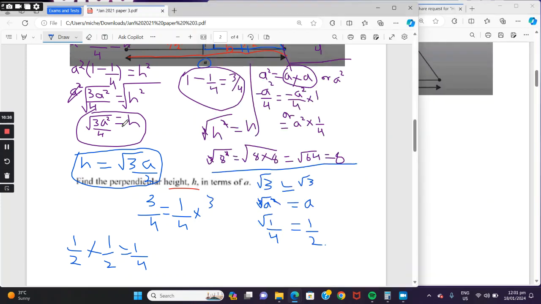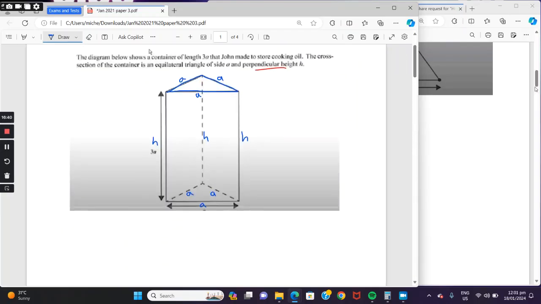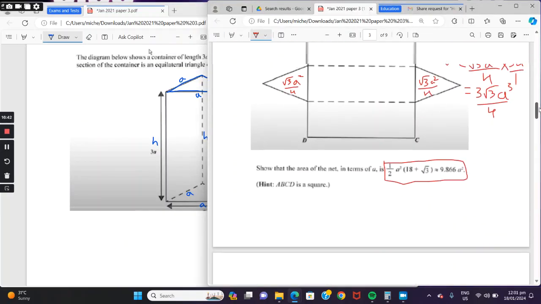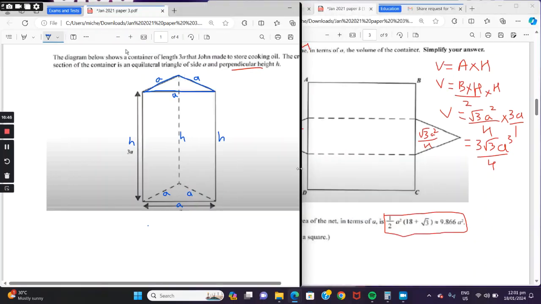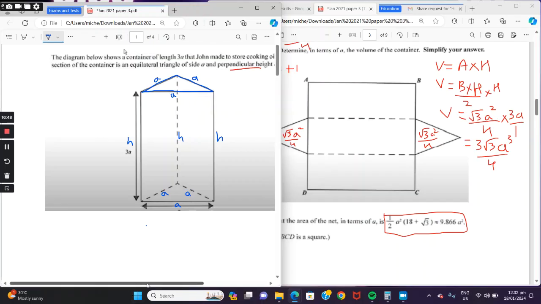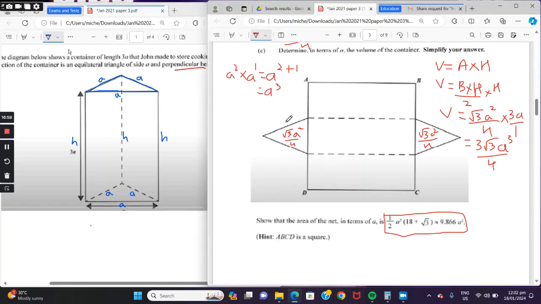So going back to see what information they give us. In fact, let me use the diagram from yesterday because it's the same diagram, but it's just spread out here. It's opened out, right? So you see all the faces of the shape, the container. Remember, all the sides of the triangle is E, right?